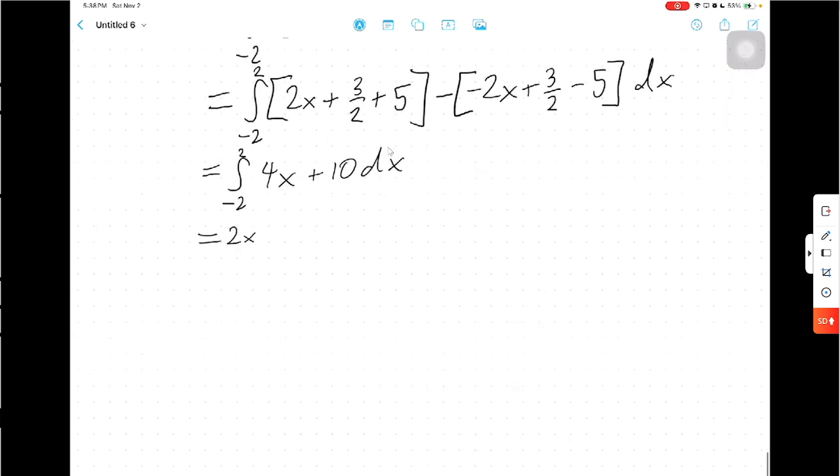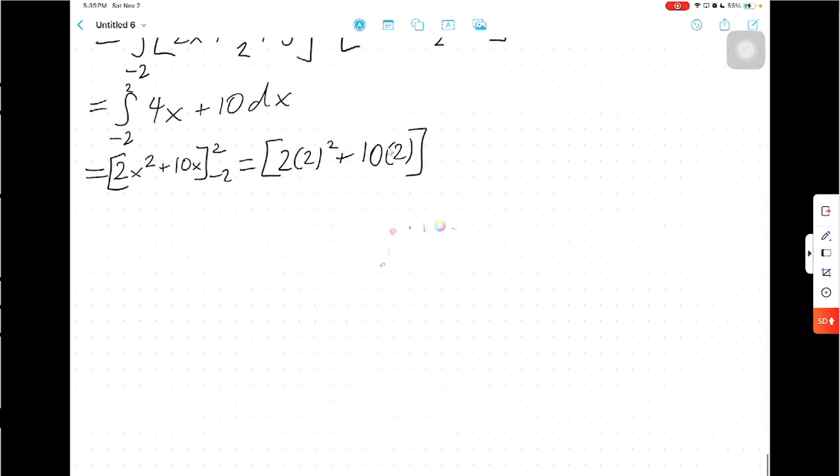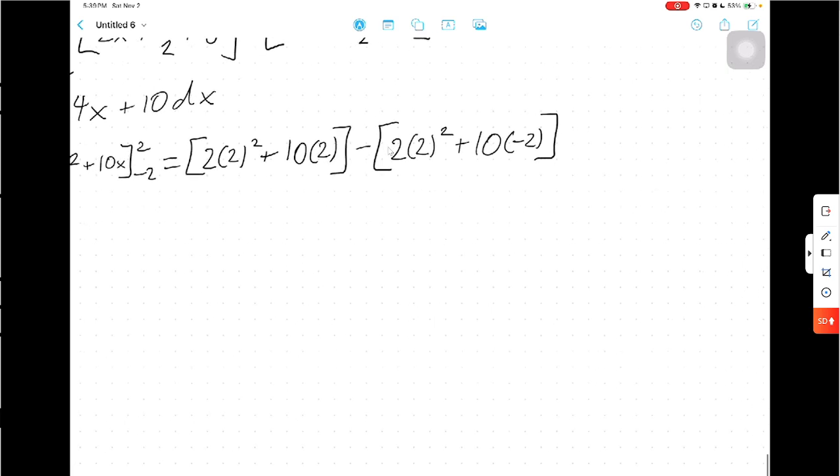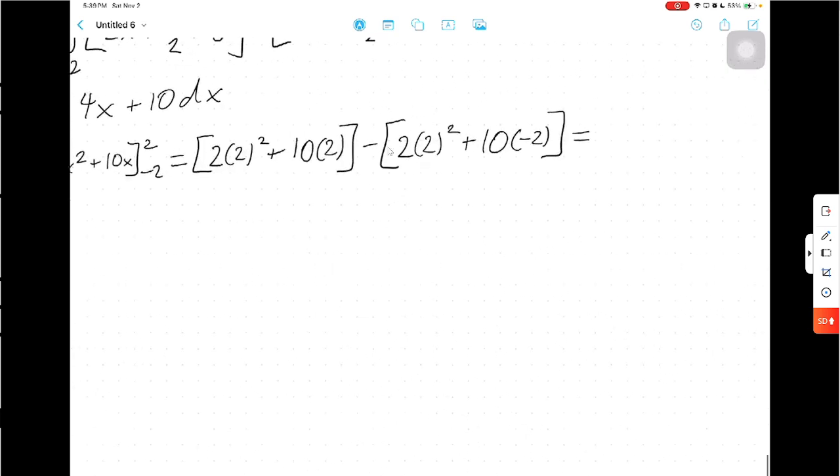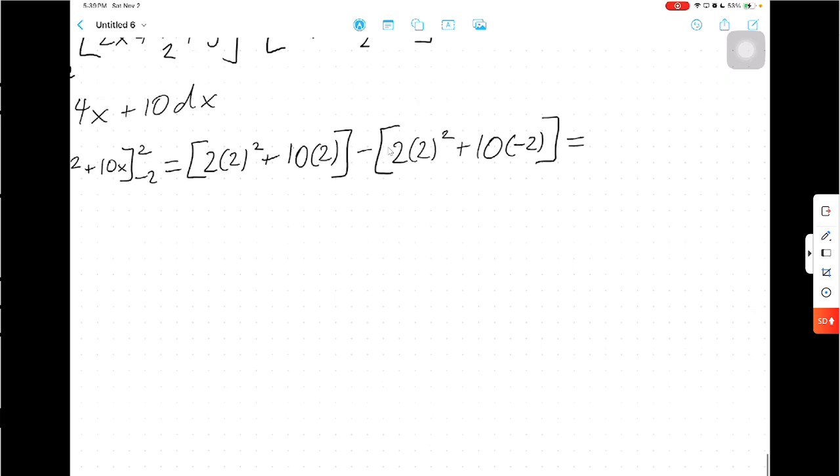So we get 2x squared plus 10x evaluated from negative 2 to 2, which is 2 times 2 squared plus 10 times 2, minus 2 times 2 squared plus 10 times negative 2. The 2 times 2 squareds cancel. And 20 minus negative 20 is going to be 40.